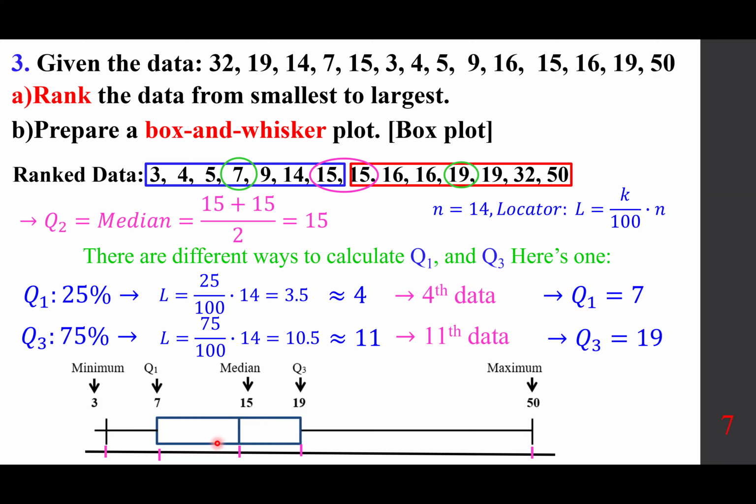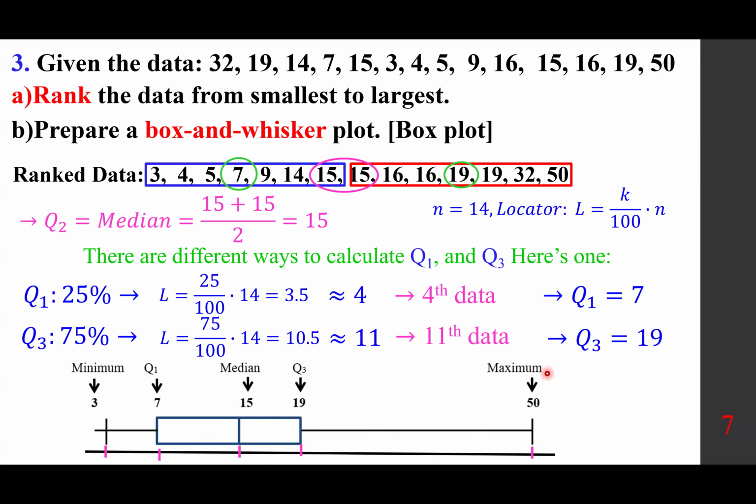So inside the box, the left side is Q1, the right side is Q sub 3, and we pinpoint the median. Then the minimum is connected with a line to the box, and the maximum is connected with a line to the box. So we should be able to tell from the box and whisker plot what the minimum, Q1, Q2, Q3, and maximum are.